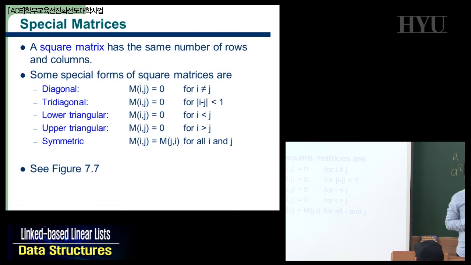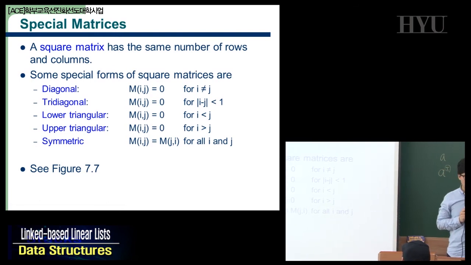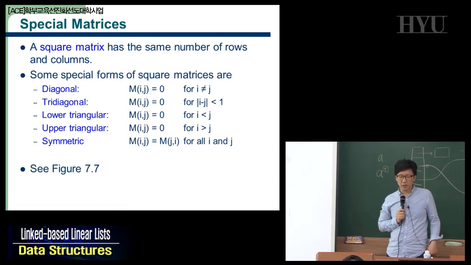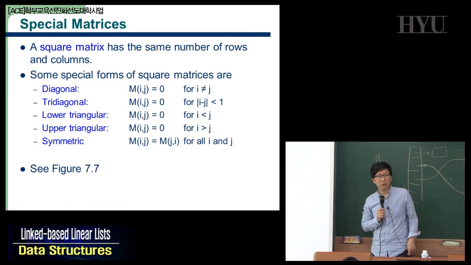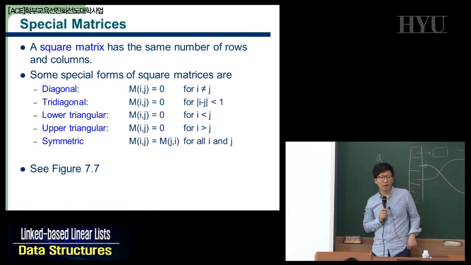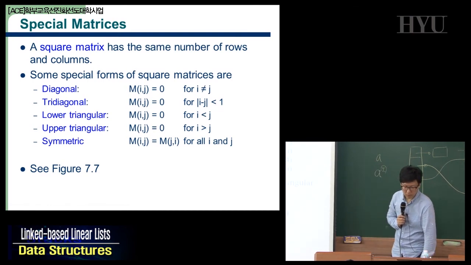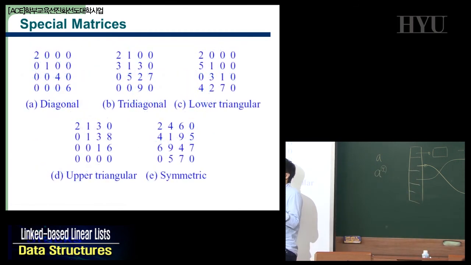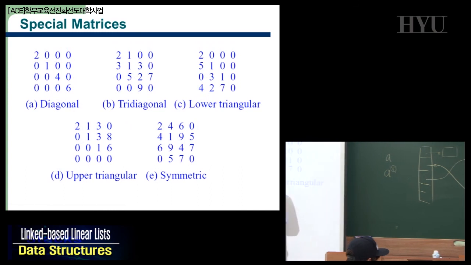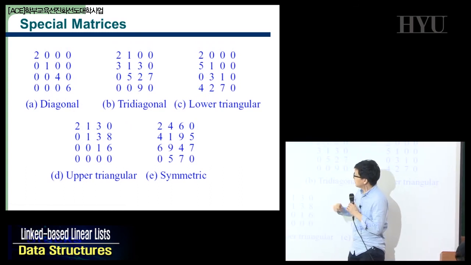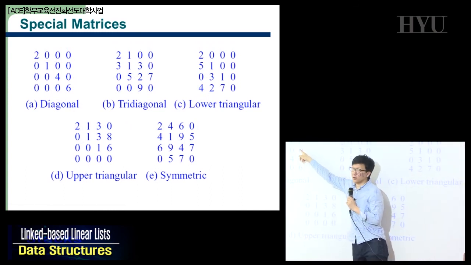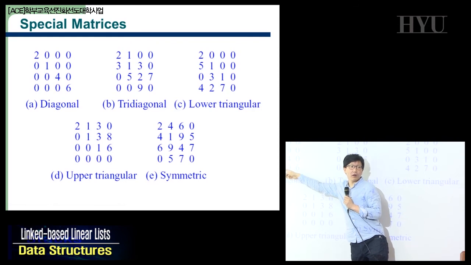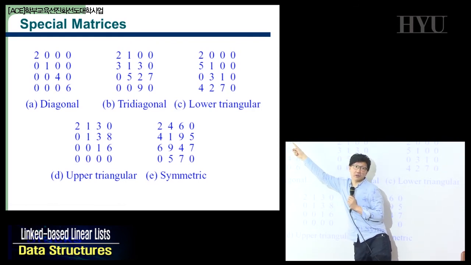Maybe it's easier to look at. Tridiagonal, i and j, the difference between the two is less than 1. So let's wait. Diagonal, i and j not equal, if it's not equal, it's all 0. Only the values will be on the diagonal.